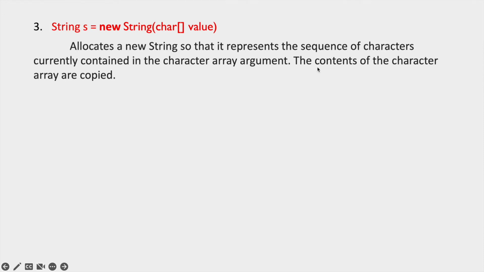The content of the characters is copied. That means whatever the character array has will be concatenated. The character array has 5 characters as separate characters, so when you use String s = new String of that character array, it will give a single string.